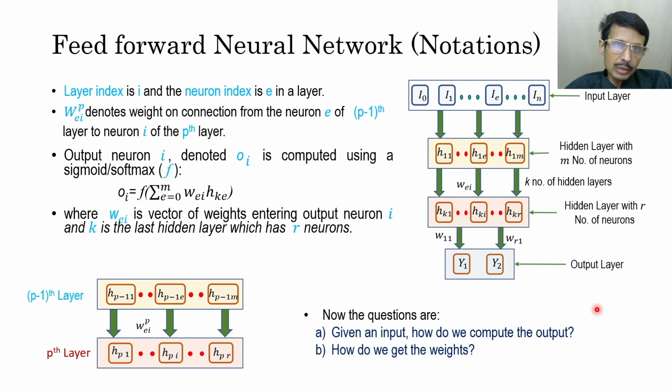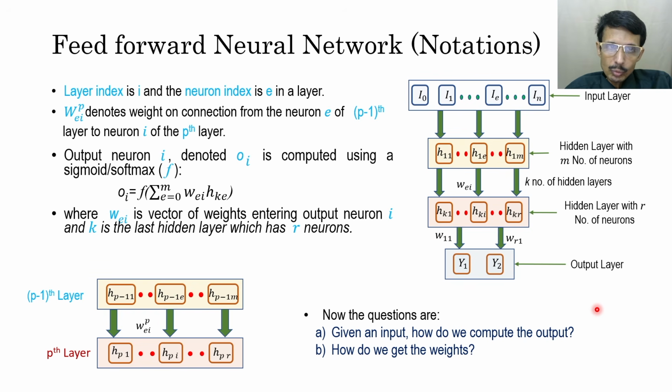Now let's try to understand the architecture of these layers notation-wise. Layer index I is used, and a neuron index is used in a particular layer. Now, what do we mean by weight with subscript EI and superscript P?